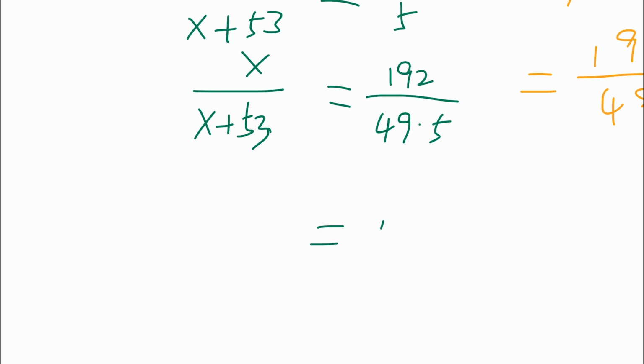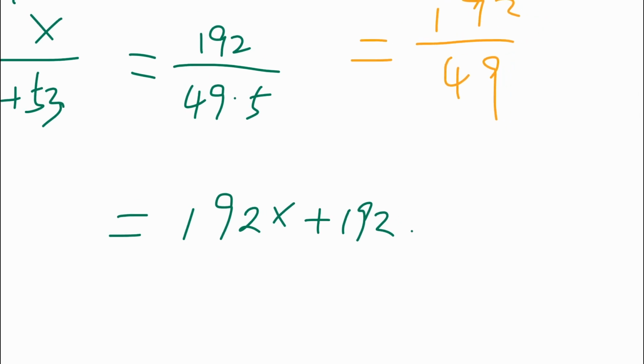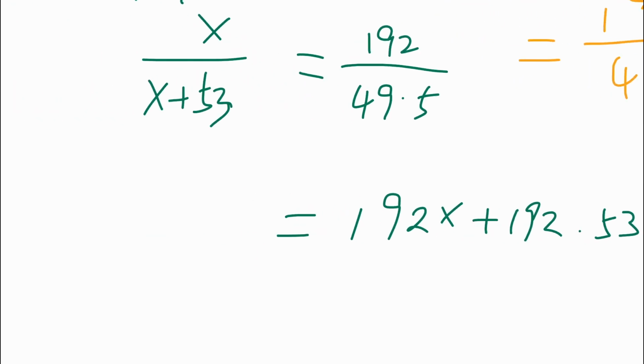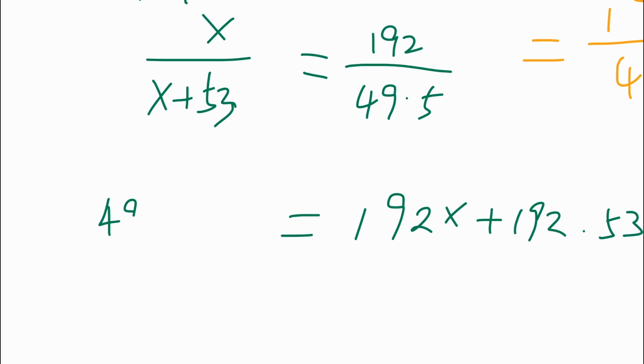That is equal to 192x plus 192 times 53 equals 49 times 5x. That is just 50 times 5 minus 5, which is equal to 250 minus 5, that's 245.